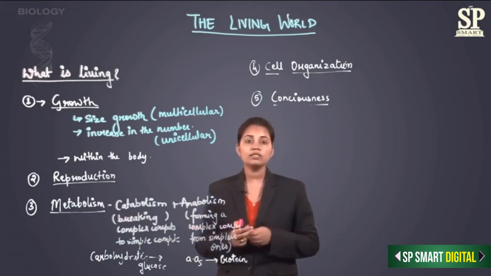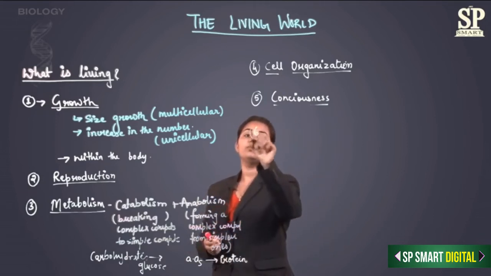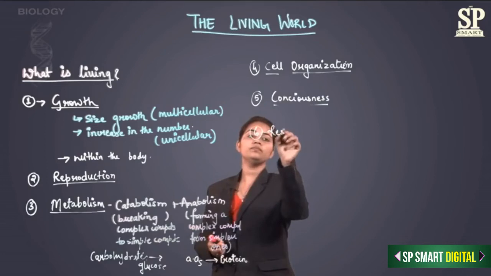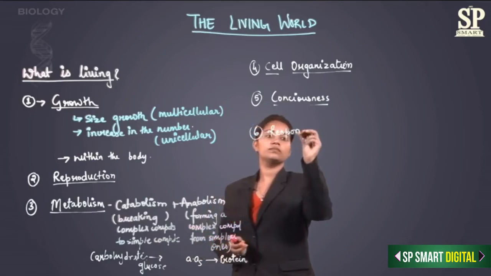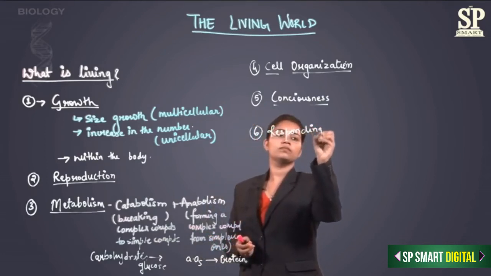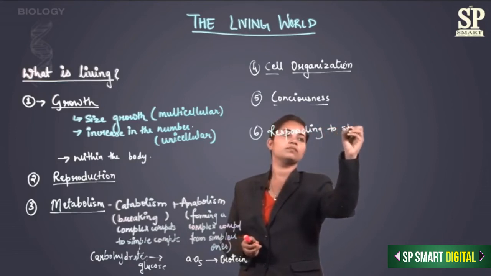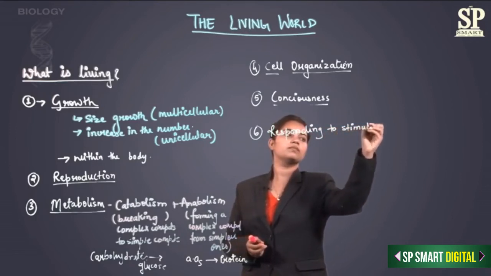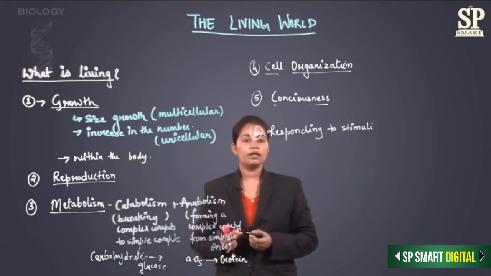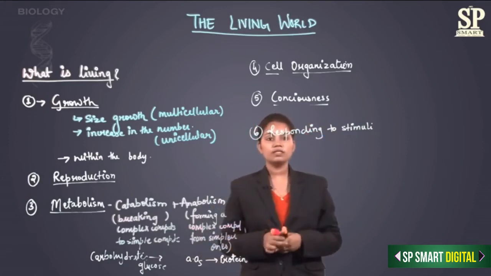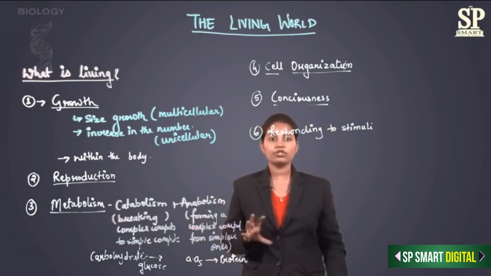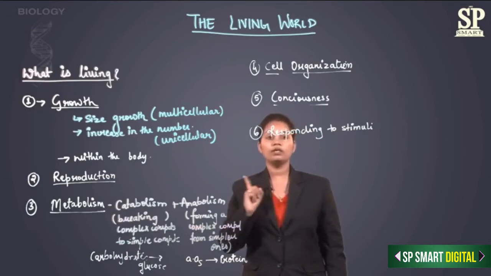Now coming to the sixth criteria, which is responding to stimuli. As I said, consciousness is when the organism is very conscious, or knows what is happening in its surroundings.